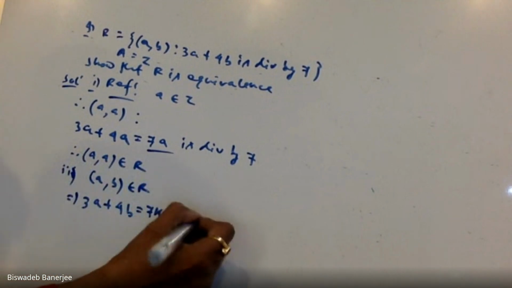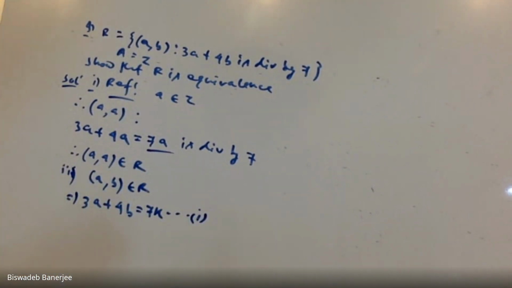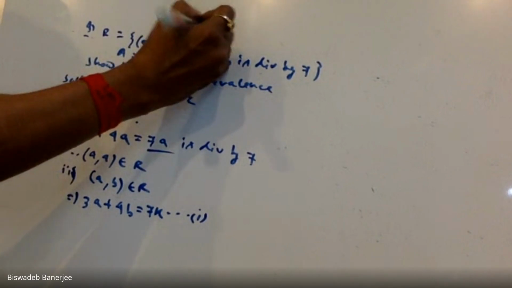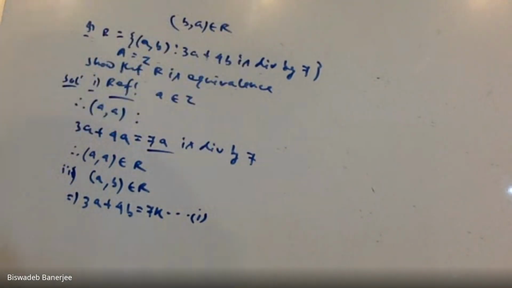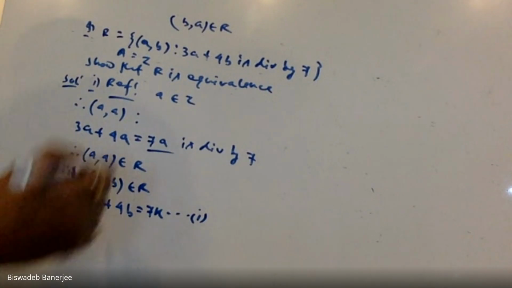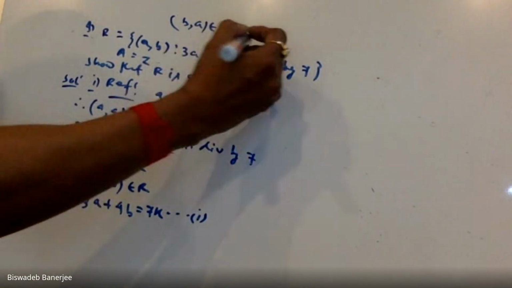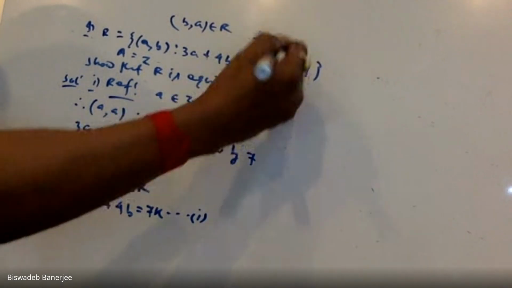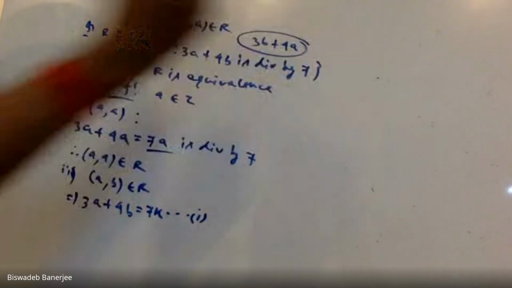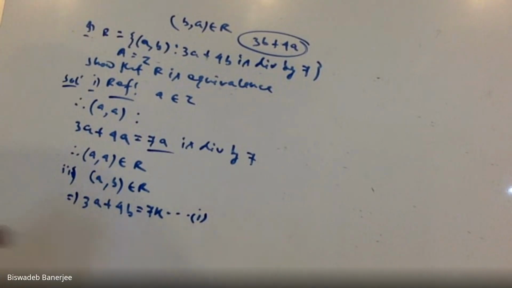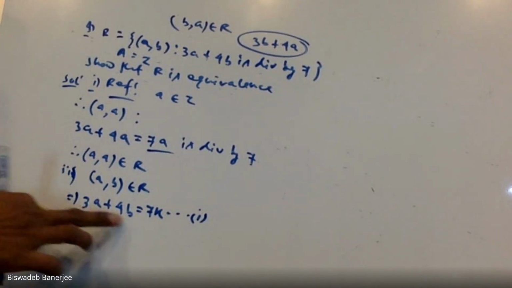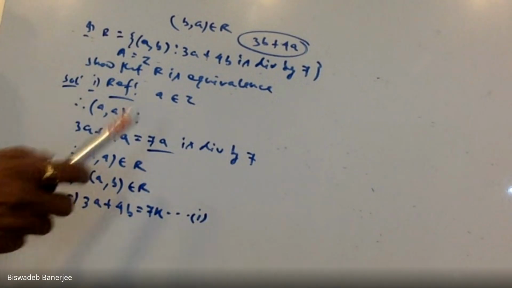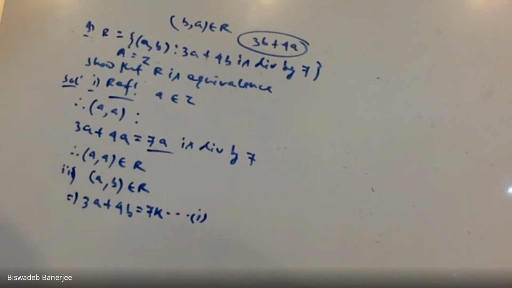Now we have to show (b, a) is in the relation. The meaning of that is to interchange a and b, so we need to check that 3b plus 4a is a multiple of 7.